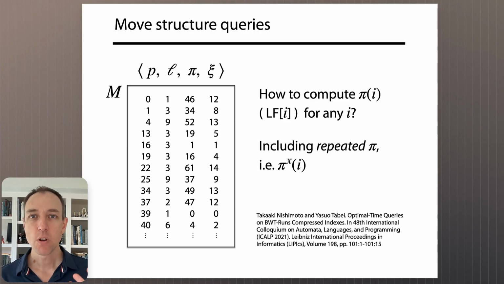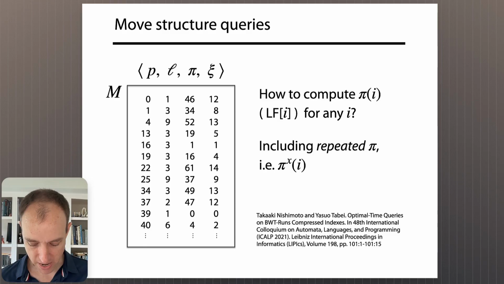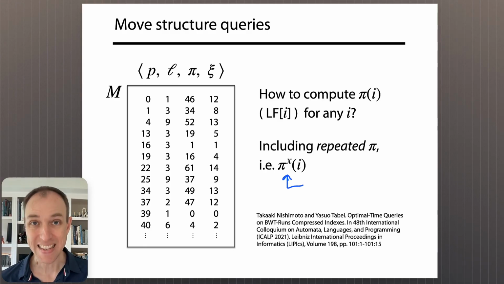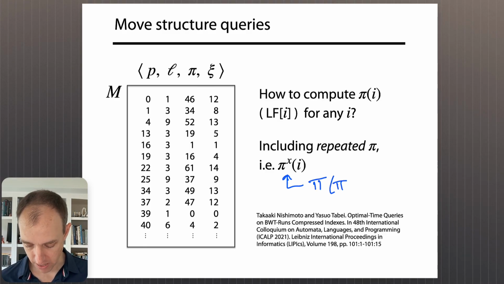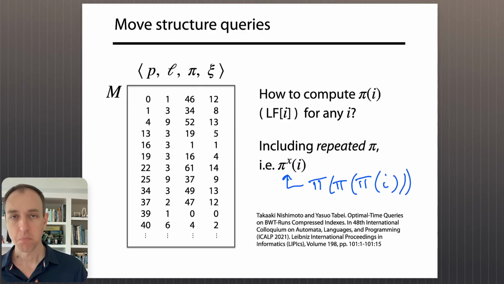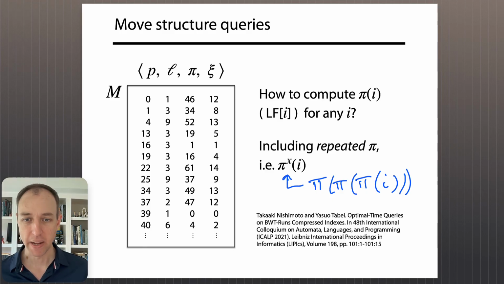No matter what, we're usually doing repeated LFs. So we'd like to be able to do LF followed by LF followed by LF, or pi followed by pi followed by pi. That's what this notation is trying to show. So pi to the x is composition x times. So that would be like pi with 3 in the exponent of i.